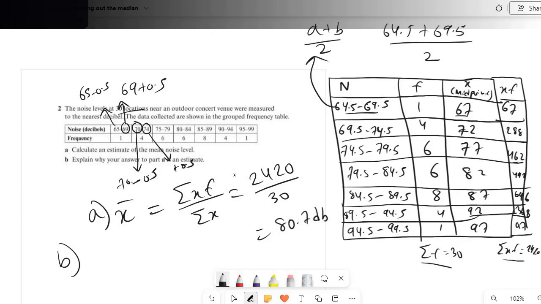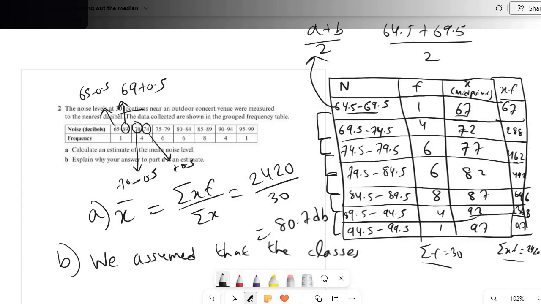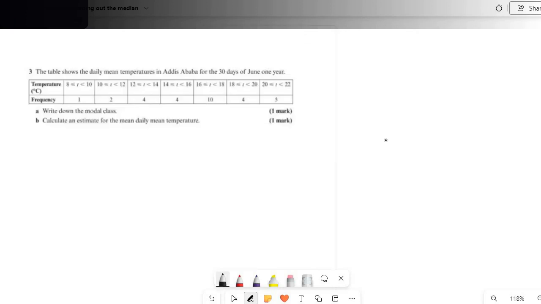Here in this case, we are using the midpoint because we are assuming that all the data in each of these classes are uniformly distributed, meaning that we don't know the exact value that the noise levels take. This is why this is an estimate.